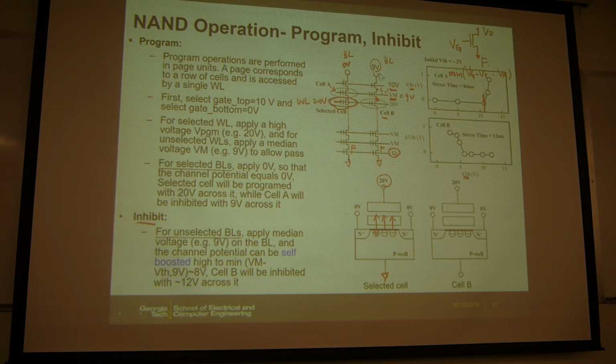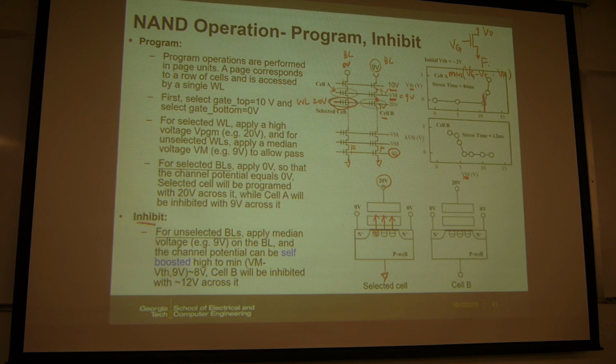So that means this 9 volt cannot pass to cell B. We want 9 volt to pass to cell B. The reason is that if the cell B's channel is 9 volts, the cell B's gate to channel will be 20 volt minus 9 volt, 11 volt. And you hope that 11 volt will not program cell B because you need 20 volts across the gate to channel to program. So you want that 9 volt to be fully transferred to cell B.